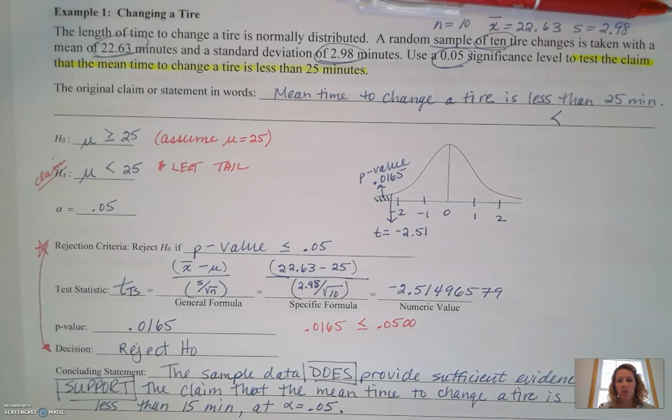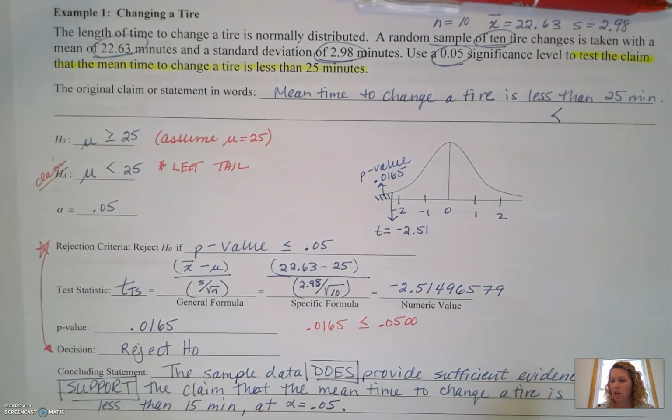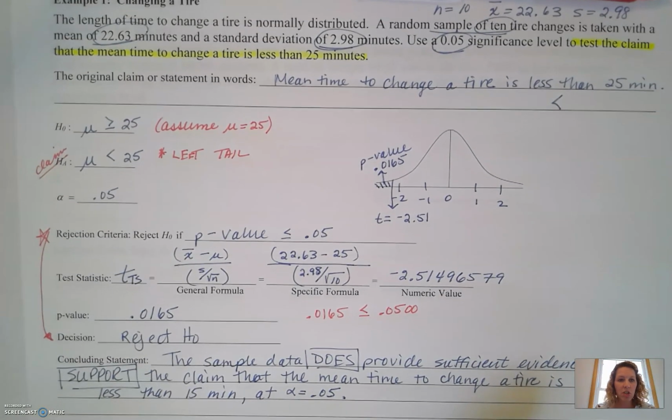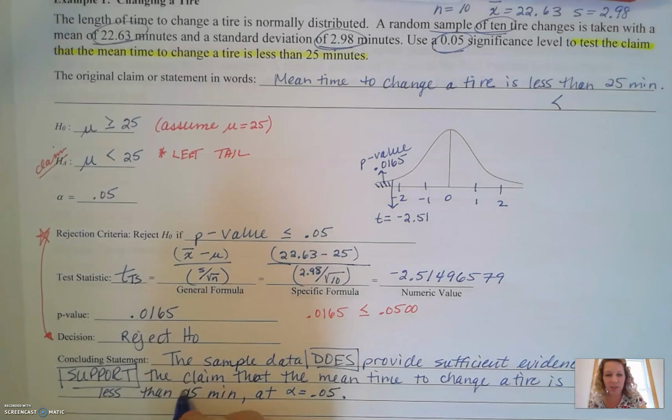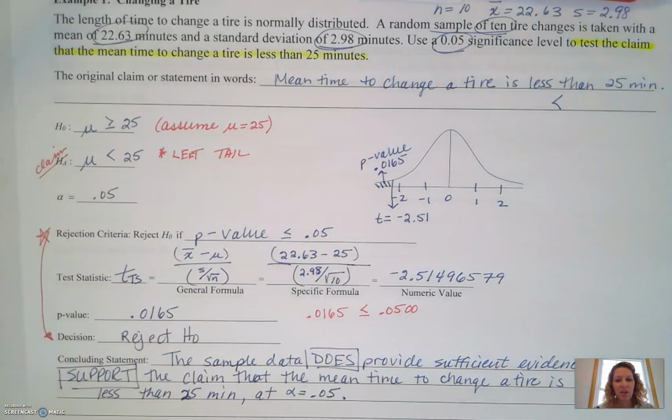So pretty much they're saying that the average time for everybody to change a tire should be less than 25 minutes. I'm sorry, that should be less than 25 minutes, not 15 minutes. There we go. We go through this 7-step process.